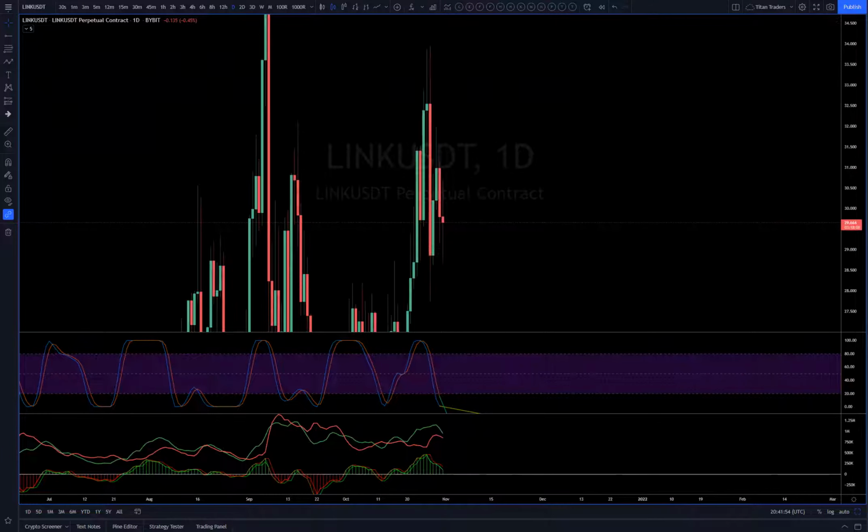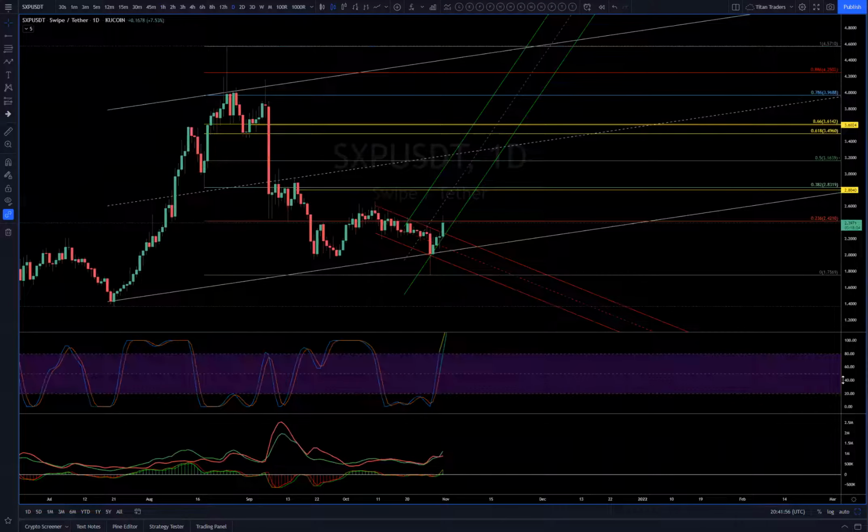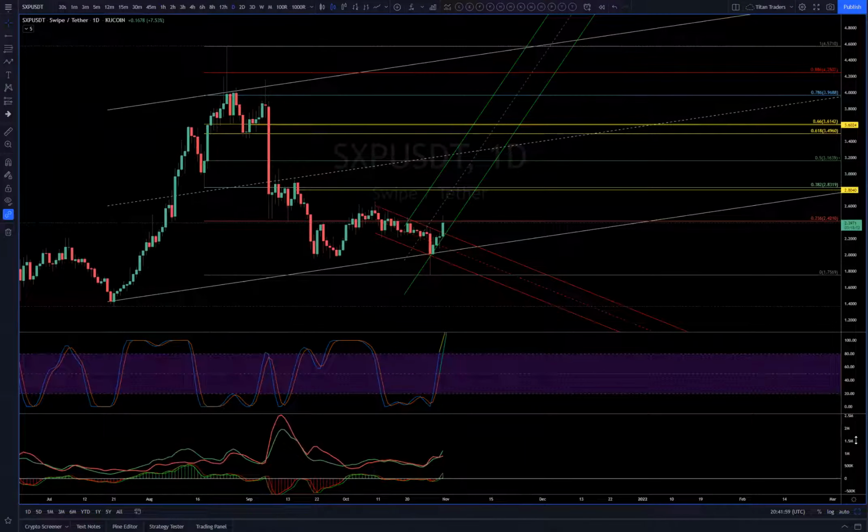Okay, last two, SXP, and then we look at Tezos, and we are done. So SXP looks good on the daily. It crossed over around here to the bearish side and then broke up literally here. So that looks very good on the daily.